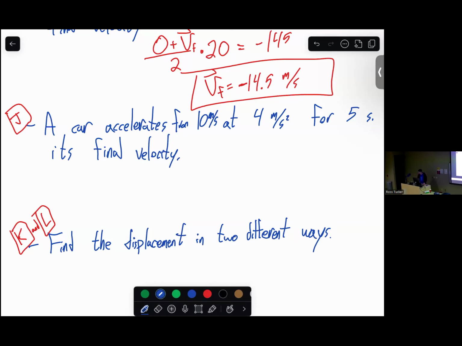So for K and L, don't tell me the 100 meters it turns out to be. Tell me what equation you would get to solve for that. Ready, set, go. Oh, and timer. This is worth 5.